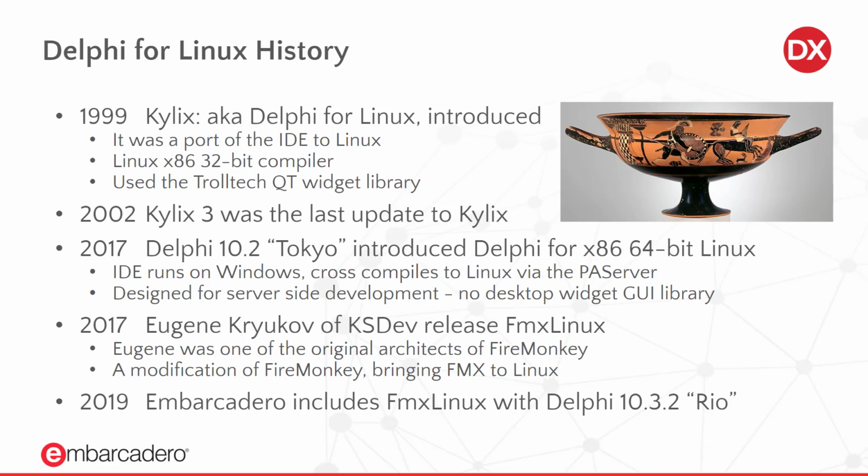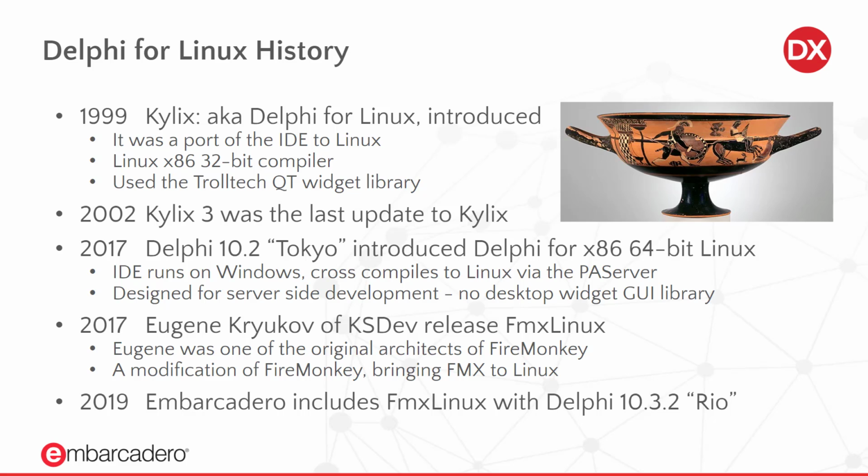In 2017, Tokyo introduced Delphi for x86 64-bit Linux. So this was an upgrade to 64-bit now, plus all the great new features that have evolved in the Delphi language since then. The thing that's different now is the IDE runs on Windows, and then you cross-compile to Linux via PAServer.